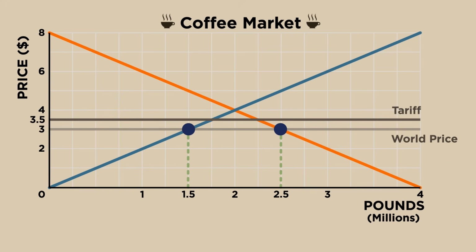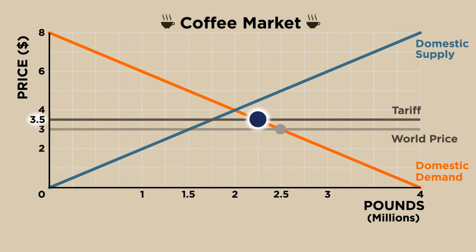In this example, the tariff increased the price of coffee from $3 to $3.50. In general, trade restrictions such as tariffs lead to more domestic production and fewer imports. When compared with open trade, restrictions result in higher prices, as shown here, and fewer goods sold, as shown here.